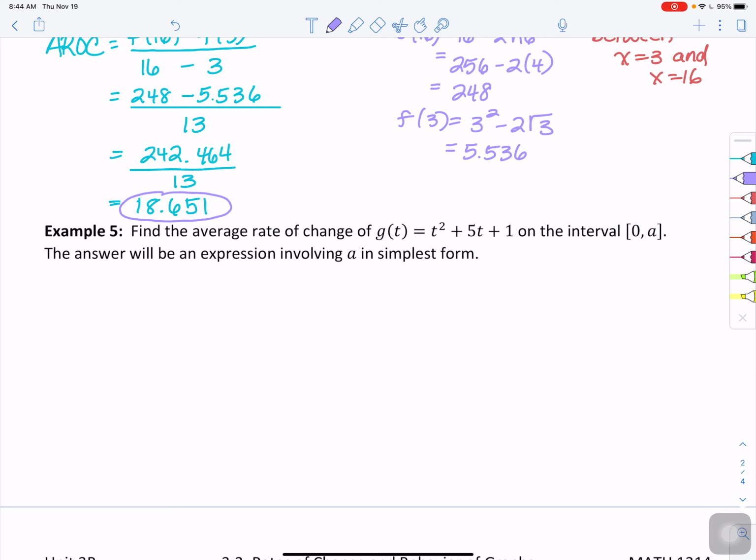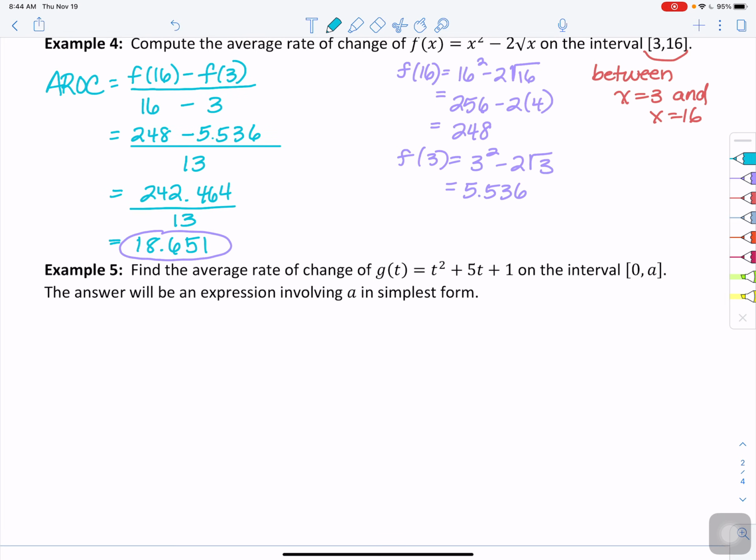Okay, and our last problem in this part is the same, except we want to find the average rate of change between x equal to 0 and x equal to a. So we're actually going to have an a in our answer. So let's go ahead and get this set up.